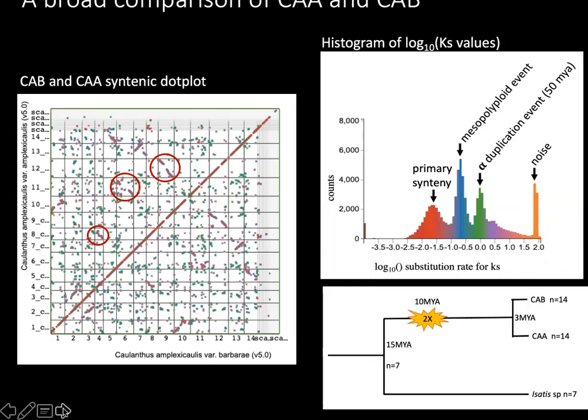About 15 million years ago, there was an ancestral plant that had 7 chromosomes. Then about 10 million years ago, which would be the mesopolyploid event, that genome duplicated so that CAB and CA now had 14 chromosomes. And then 3 million years ago is when CAB and CA started splitting, so that CAB has a serpentine tolerance, but we don't see that in CAA.